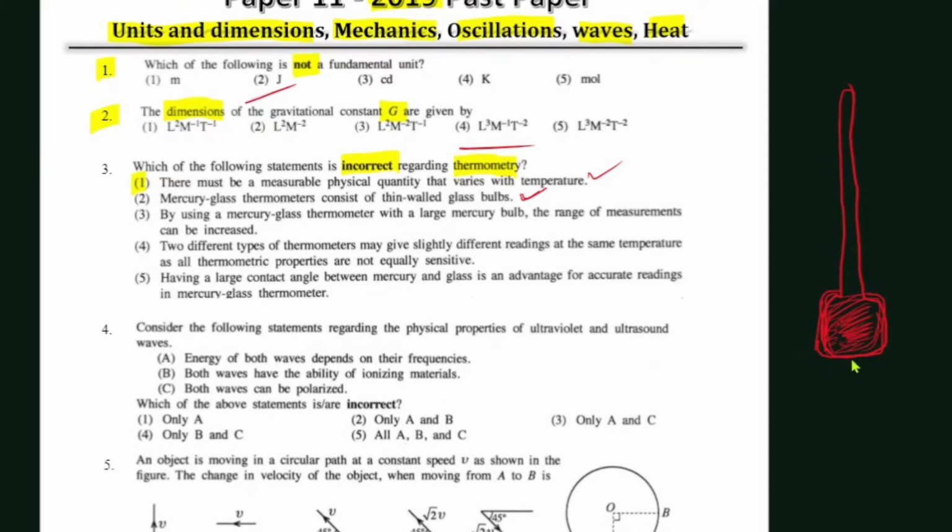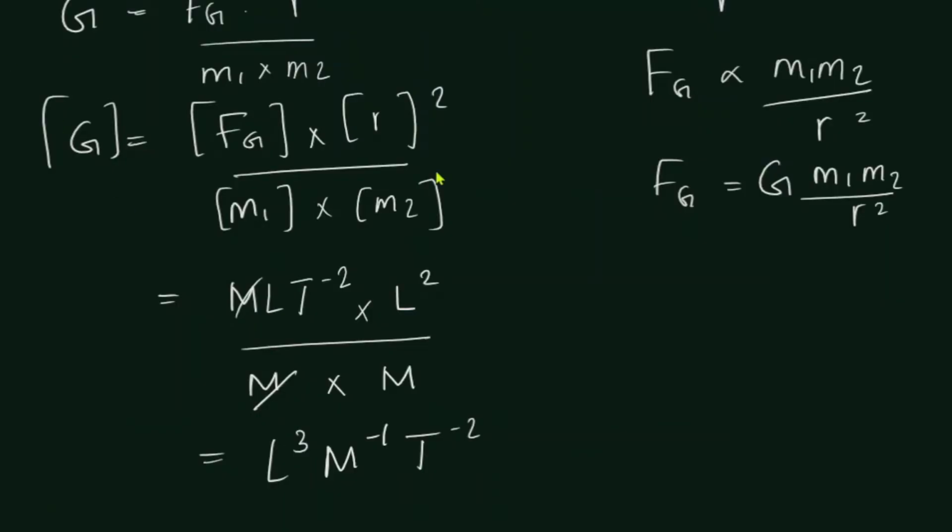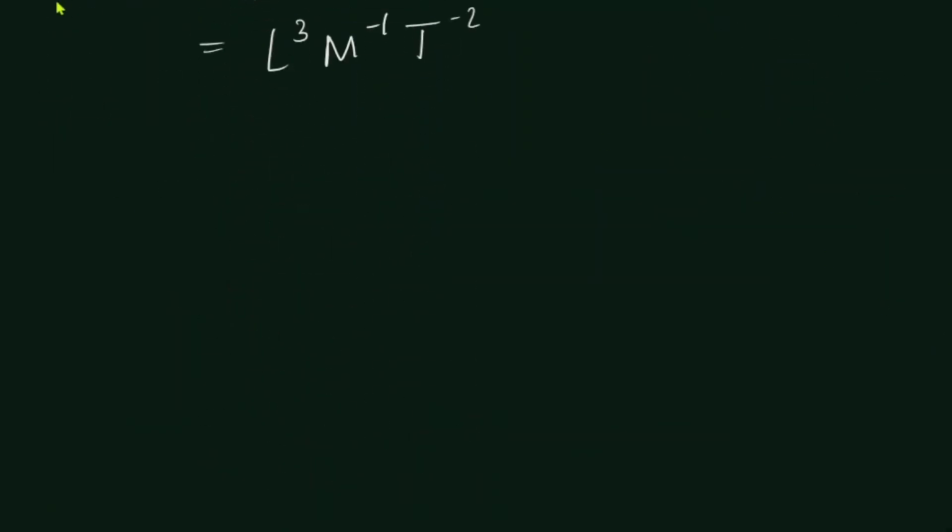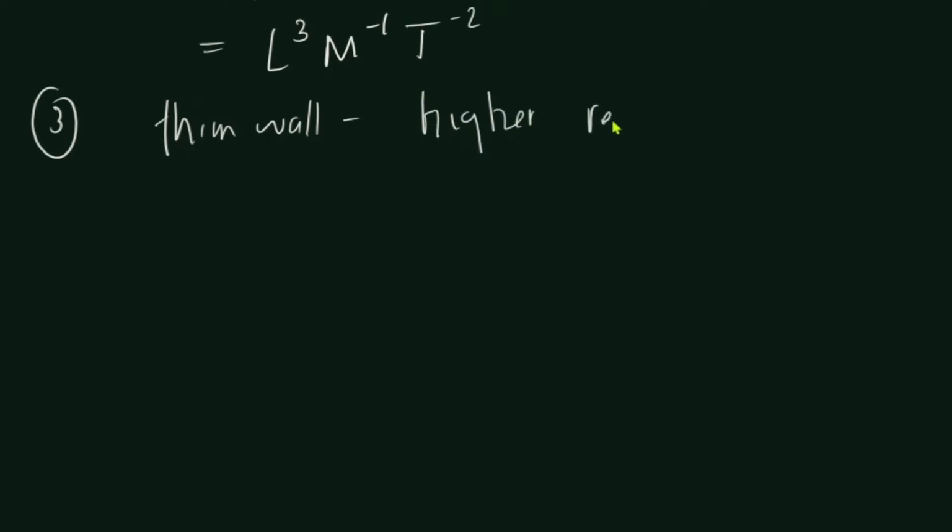The main reason for the thermometer to have a thin wall is for a quick response, right? So how do we get a quick response out of a thin wall?